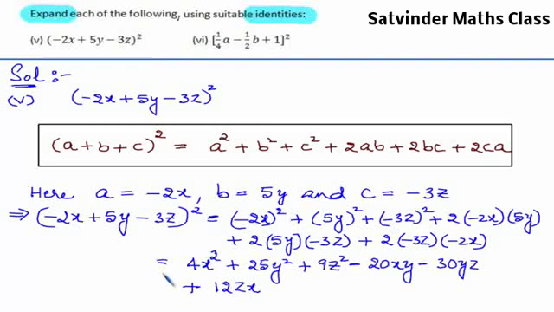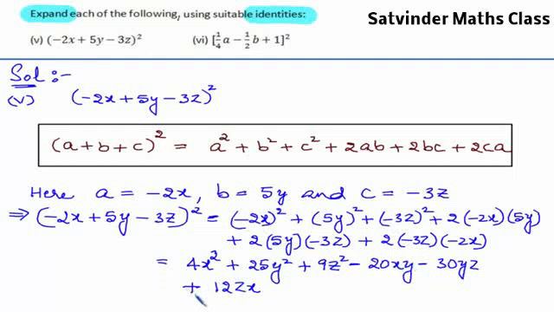Now, this can be further simplified as minus 2x whole square is 4x square plus 5y whole square is 25y square plus minus 3z whole square is 9z square plus into minus will give us minus, 2 into 2 is 4, 4 into 5 is 20, so that means 20xy. Here we have plus into minus, minus 2 into 5 is 10 and 10 into 3 is 30, so this will be minus 30yz.